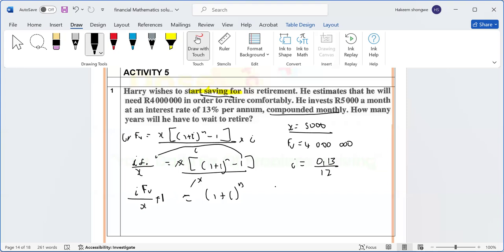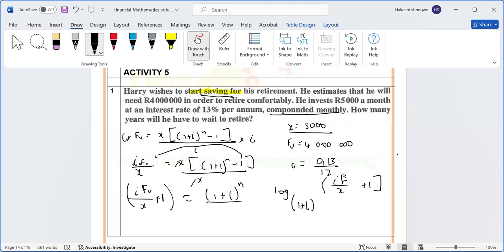So if you log here, we're going to have log, and this 1 plus I becomes the base, so log base (1 plus I) of this part here, which is I times F all over X, plus 1.